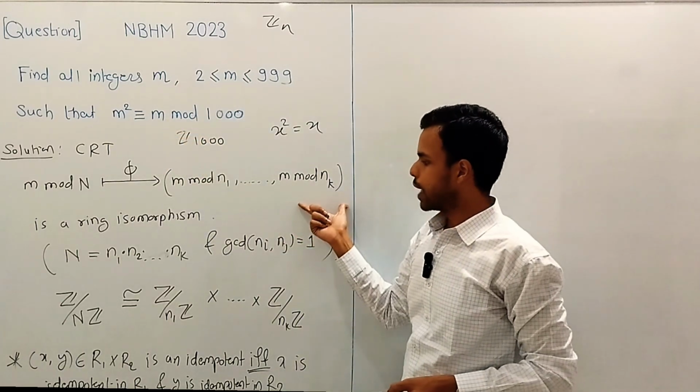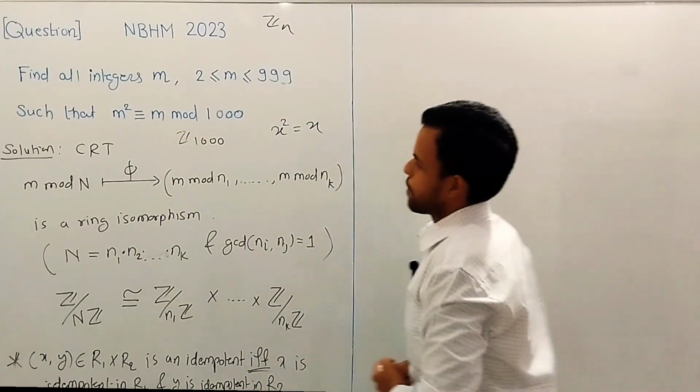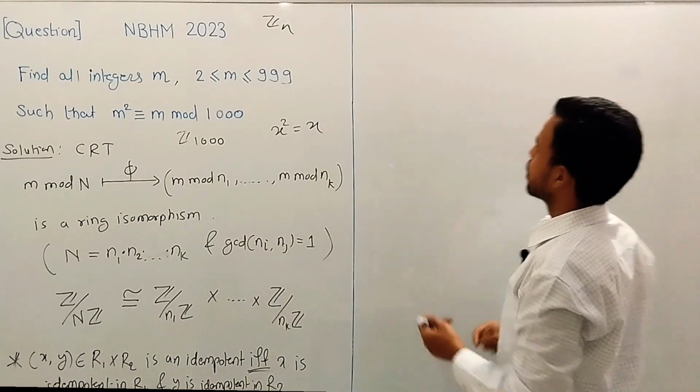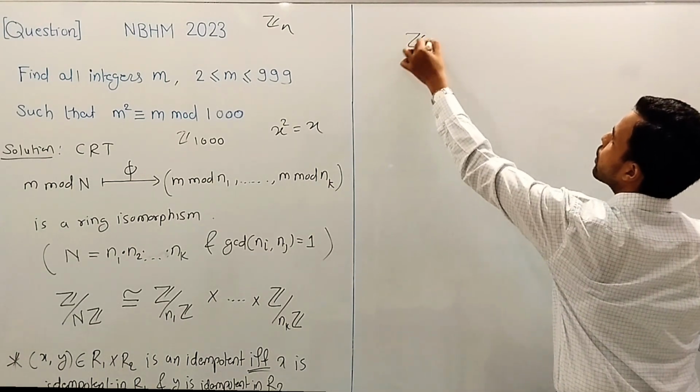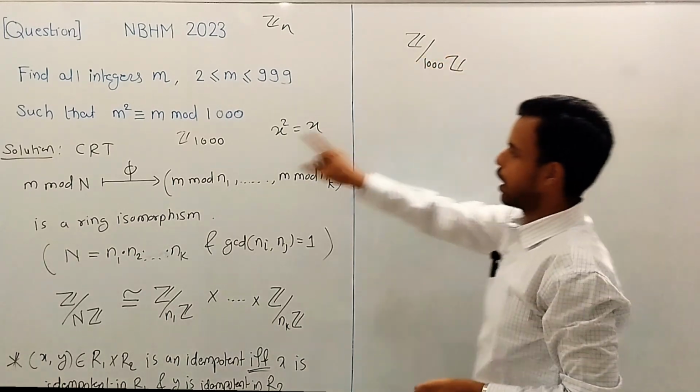So we will use the Chinese remainder theorem and this result. Now I can write this Z1000 as this.